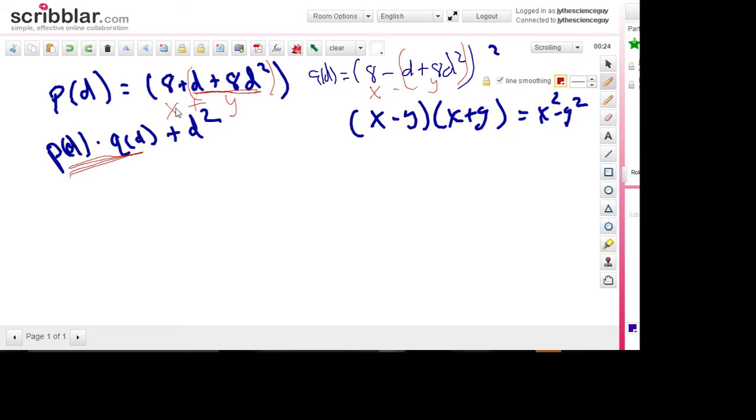So this is what I want you to do. X is equal to what number? 8. So I'm going to write 8 squared there. Y is equal to what number? D plus 8D squared. So I'm going to write D plus 8D squared, and I have to square it. Right. What is this telling me to put in between the two of them? You see where I put the red arrow over there?